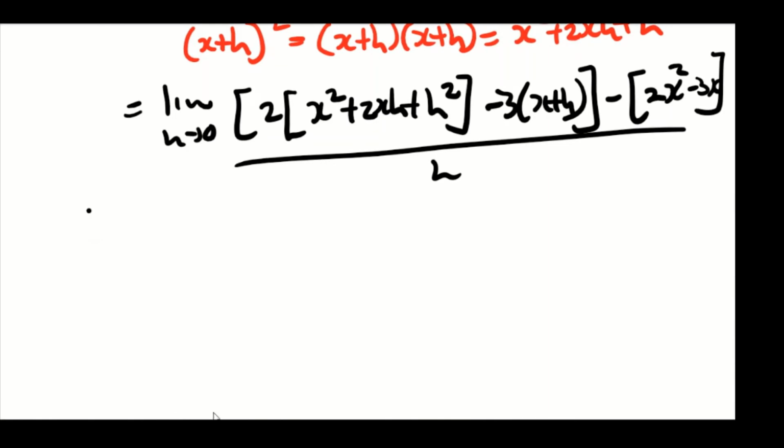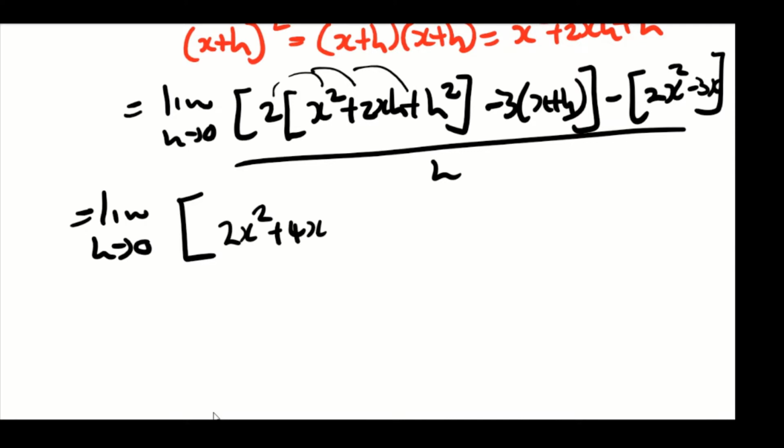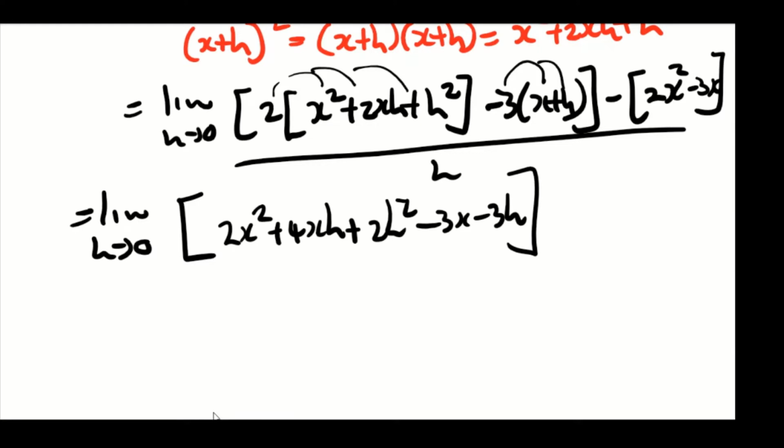So we have the limit when h approaches 0, and the 2 multiplies inside here, so it's going to be 2x squared plus 4xh plus 2h squared, and then this one here will multiply everything, so it's minus 3x minus 3h, like this, and then we have minus 2x squared plus 3x, right?